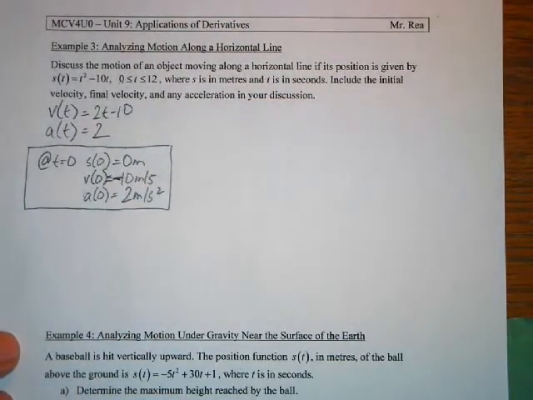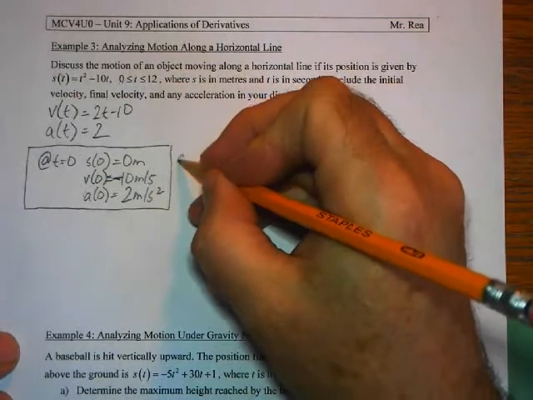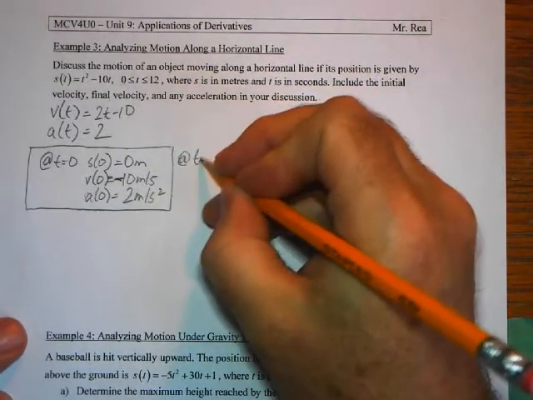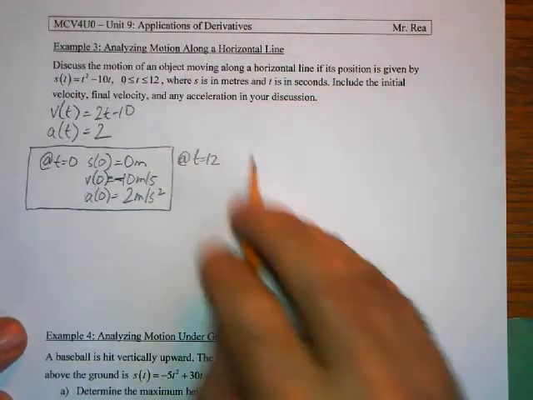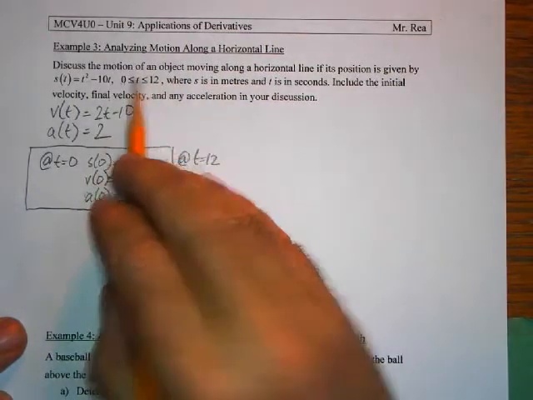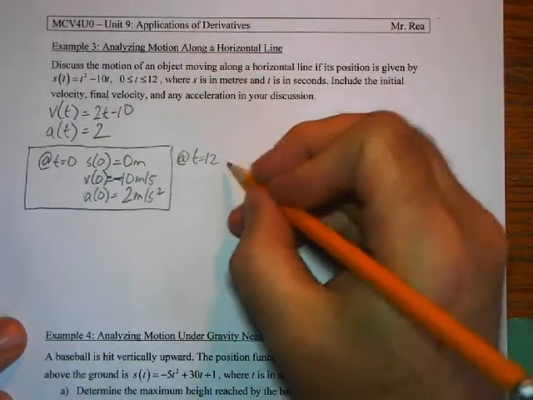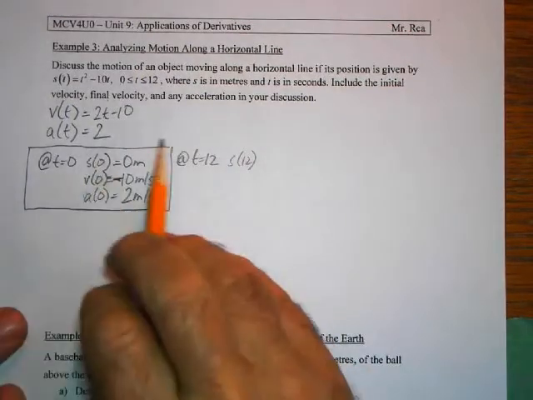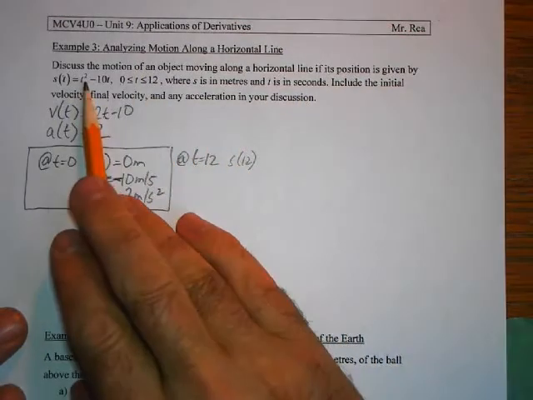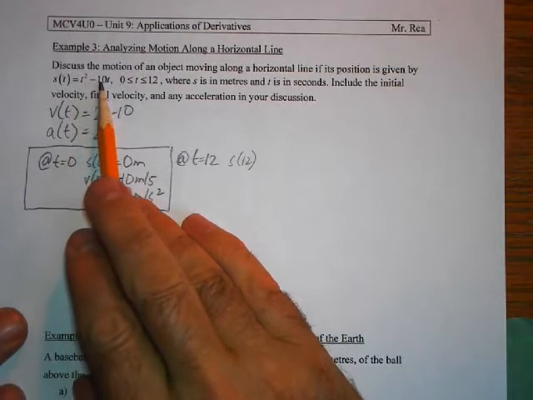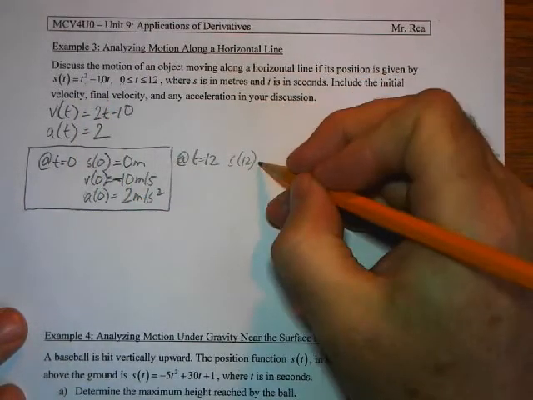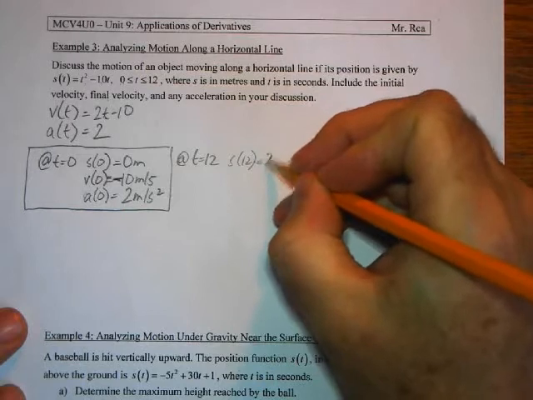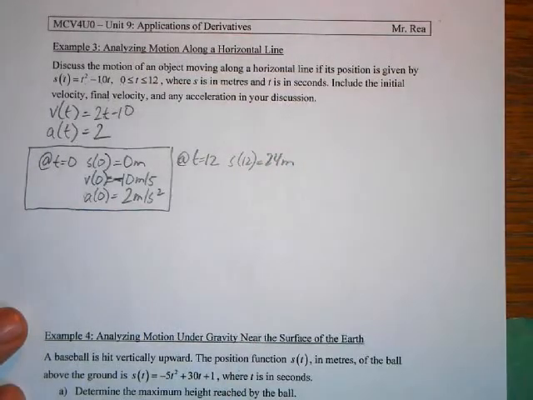Okay. Now, if we go right beside here, at t equals 12, this will be the final, like at the end of the study, at 12 seconds. The position s of 12, if I plug that in, I'm going to get 144 minus 120, so that's 24 meters. And that means it's to the right.